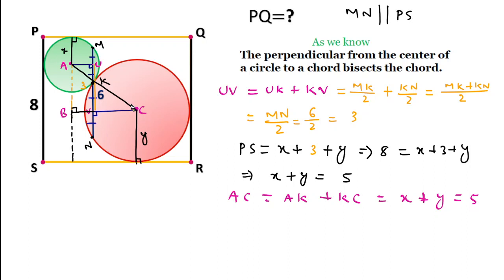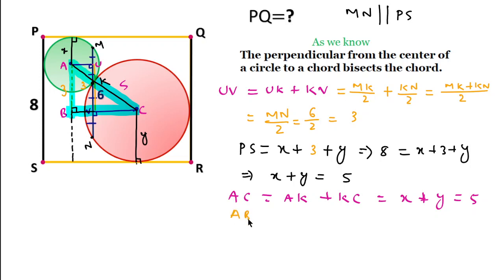So AC length will be equal to 5. I am talking about this right angle triangle only. This length is 5 and this length is given as 3 units, that is the AB length.